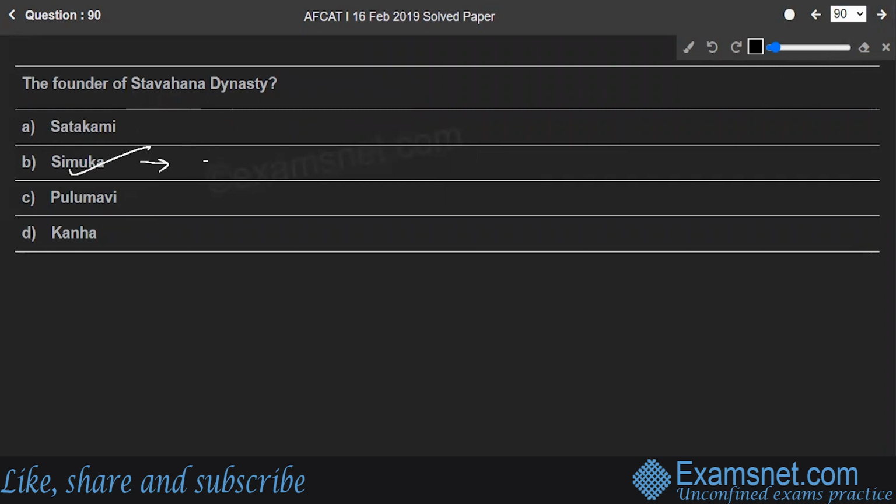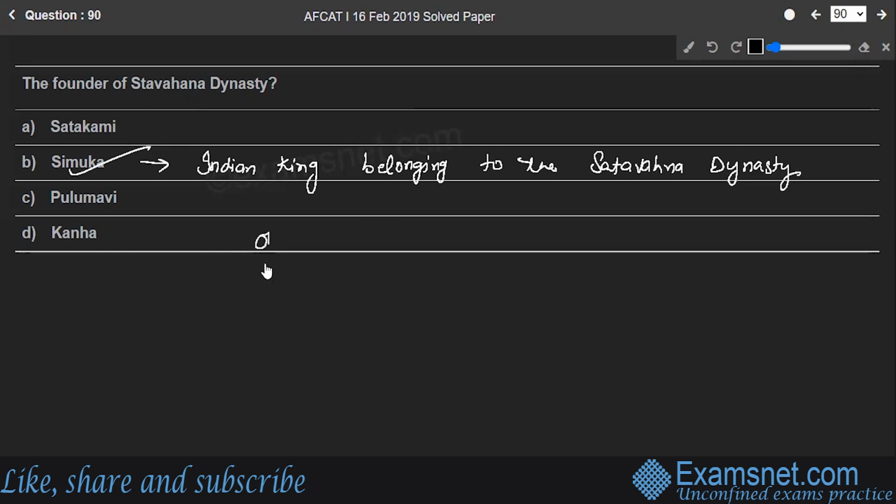Simuka was an Indian king belonging to the Satavahana dynasty. He is mentioned as the first king in the list of royals in Satavahana inscription at Nanaghat. So we have option B as the answer to this question.